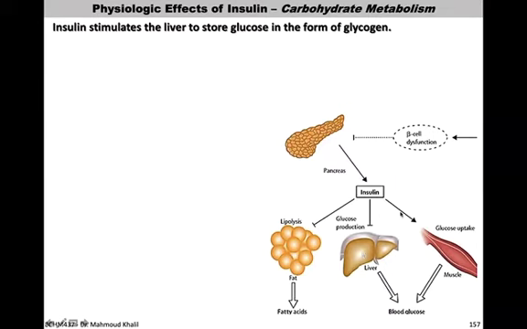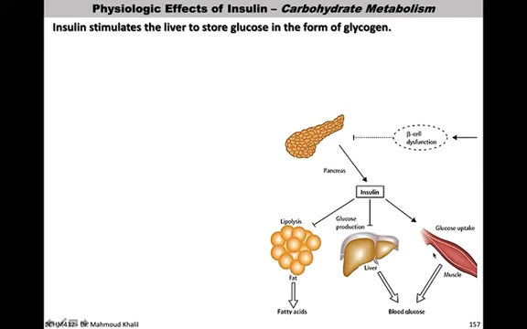As well, it inhibits the process of lipolysis, which leads to the formation of fatty acids. As we have just said, insulin is secreted by the pancreas, and any beta cell dysfunction will lead to inappropriate secretion of insulin.